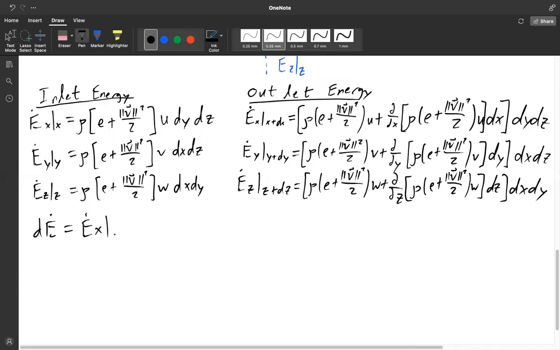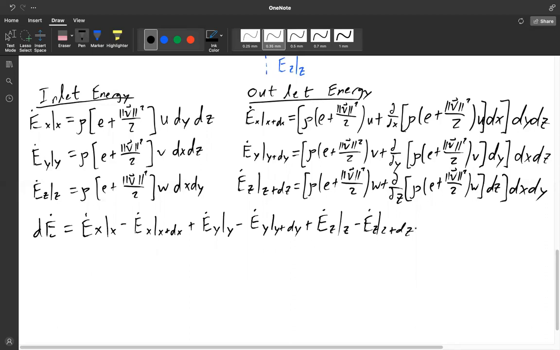E dot x at x minus E dot x at x plus dx, plus E dot y at y minus E dot y at y plus dy, plus the last one for z, at z minus z plus dz.